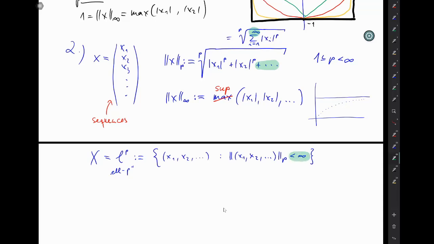We can use the same condition for the case where p equals infinity, so we could just say here we do this for p including infinity, so the space L infinity.